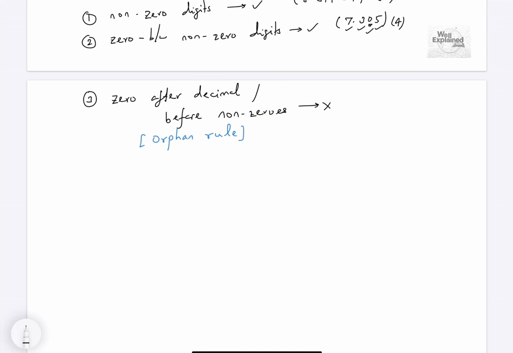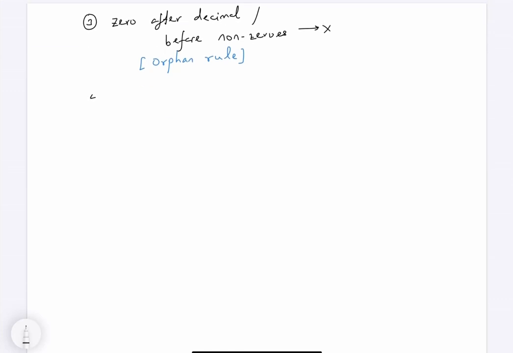Now, next comes this: zeros at the end are nothing but dummy pieces, which means don't count them.